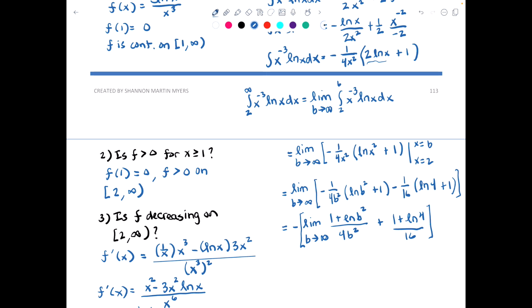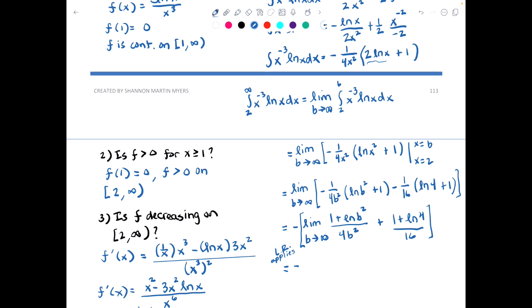So now this will equal negative. If you plugged in infinity, you'd get infinity over infinity, which means that L'Hopital's rule applies when we're doing the limit of this first term.